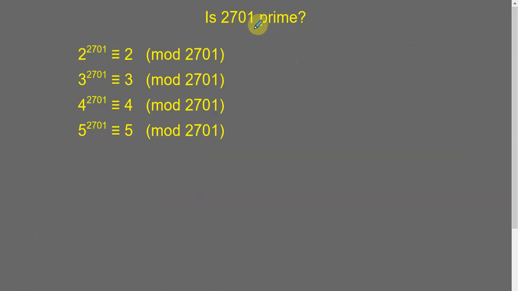Okay, how about 2701? So we actually did this one in a previous video. 2701 will turn out to be composite. It's actually 37 times 73. And we found it using the Carmichael test. We got to the 5th one. This one actually ended up failing, if you recall.